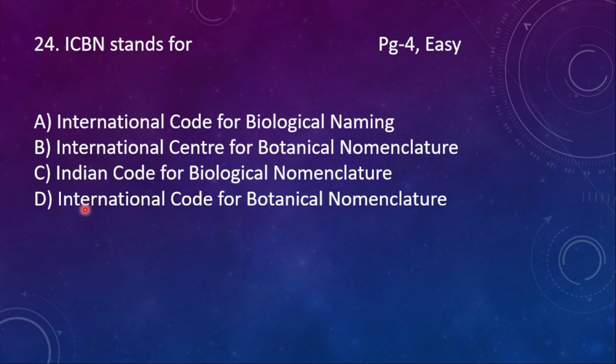Next, 24th question: ICBN stands for. Here you will get a lot of confusion, but be sure and confident. International code, up to this is correct. For biological naming, wrong. International Center for Botanical Nomenclature, botanical nomenclature is correct, but not the international center.